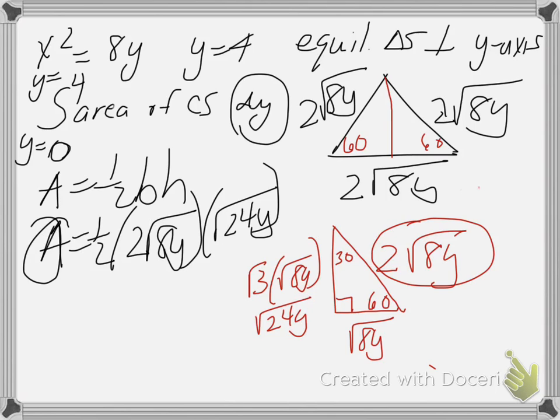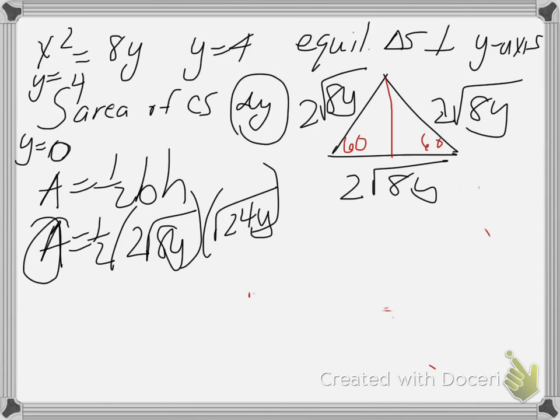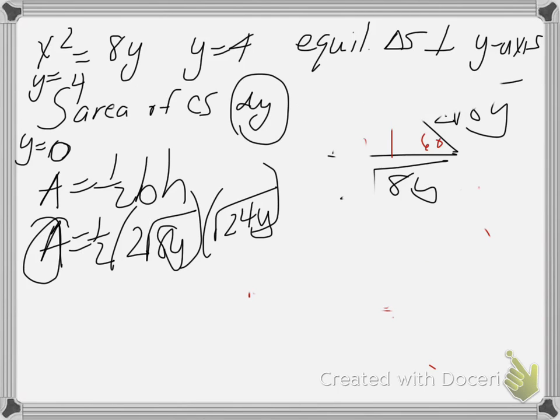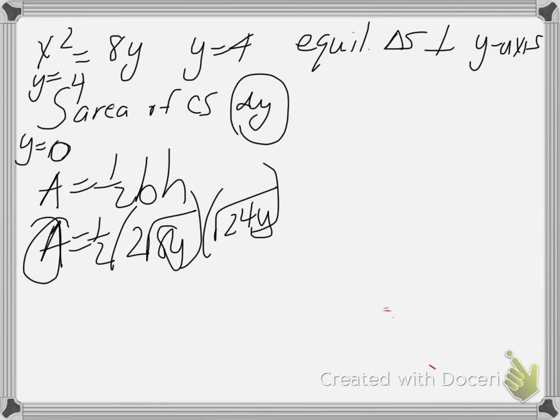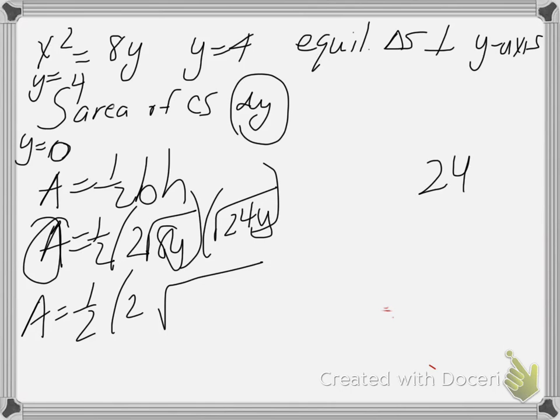Okay, now I'm ready to just multiply. So let's make some room. Okay, so my area is 1/2. Then I have a 2. And then I'm going to create one big radical. So 24 times 8, we'll pretend we don't have a calculator, is 192 y squared.